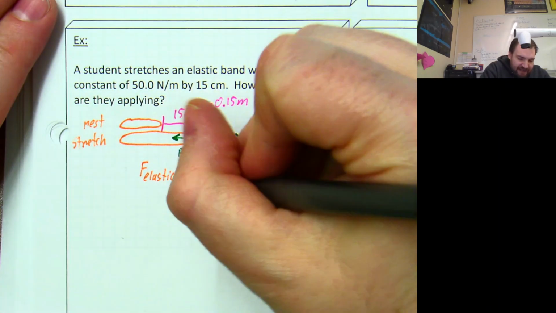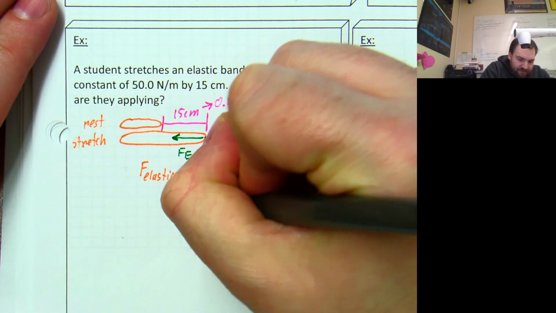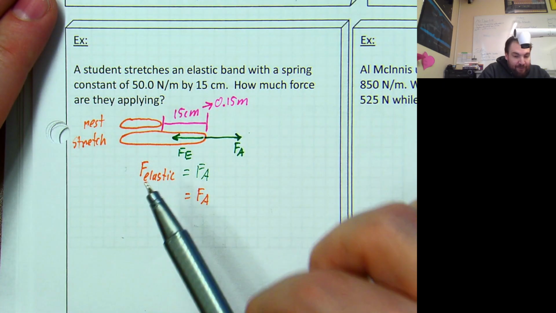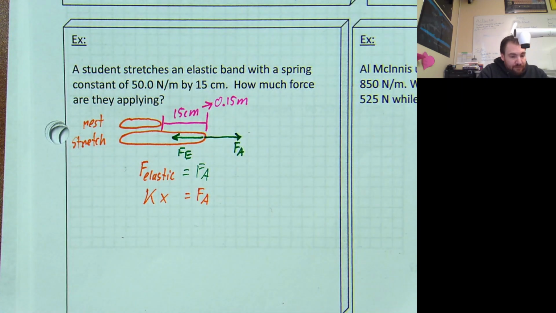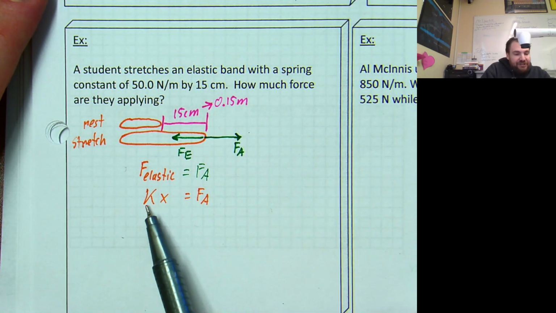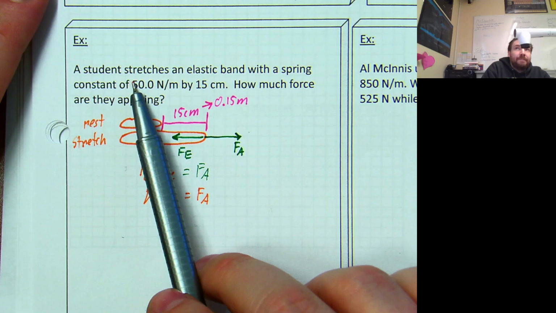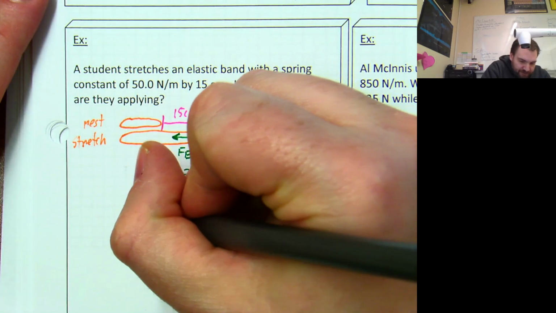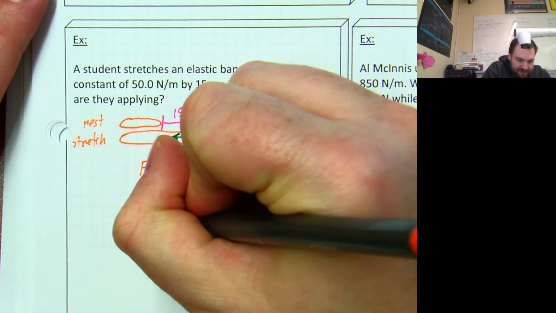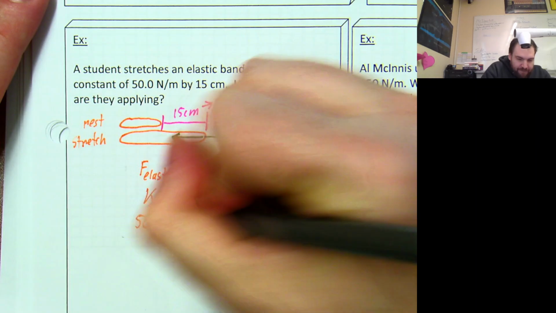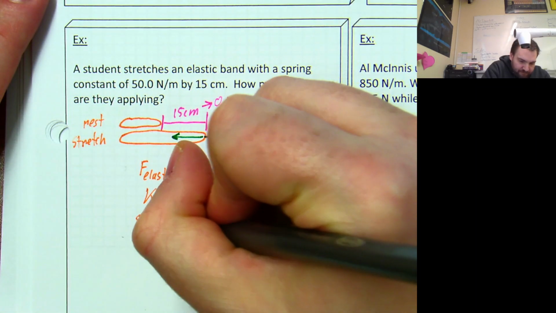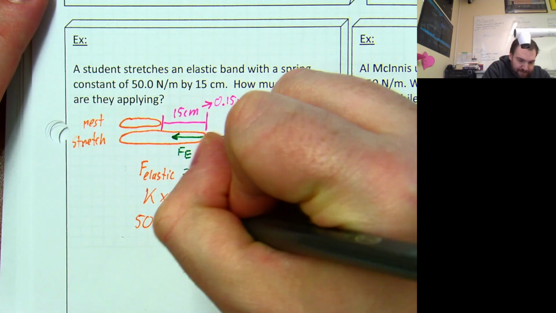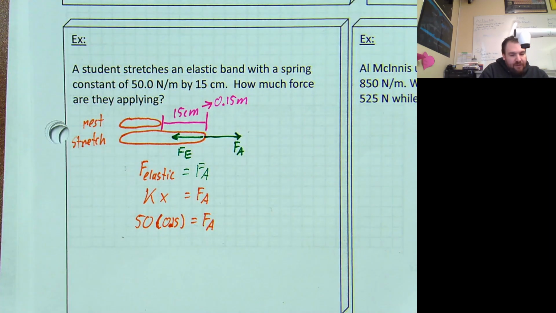So we can then say that the F applied is going to be equal to my F elastic, and we know F elastic is given to us by this expression, Kx. So K is the spring constant, which they give us in the problem. That's the 50 newtons per meter. So 50 times, actually I'll put it in brackets, our extension is 0.15, equals the force that the student is applying.